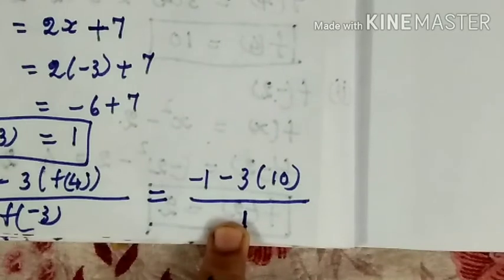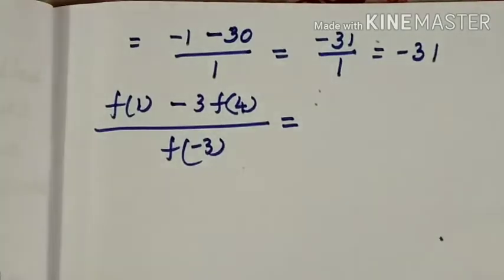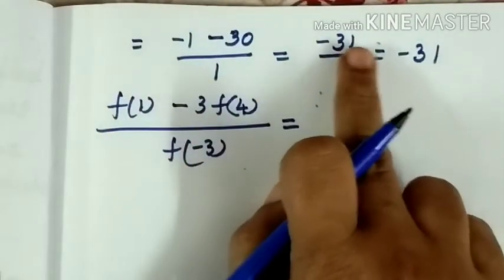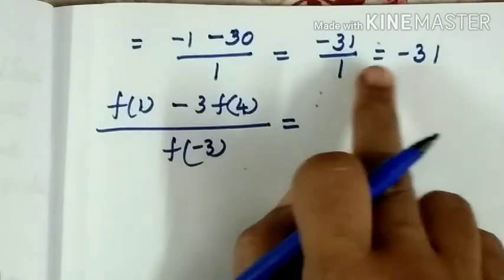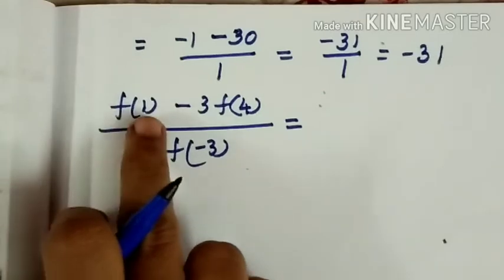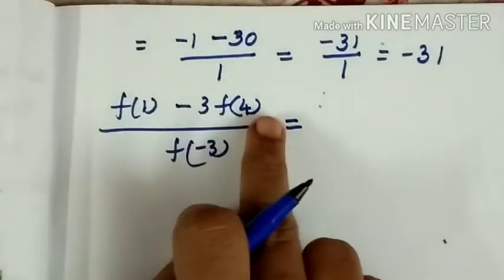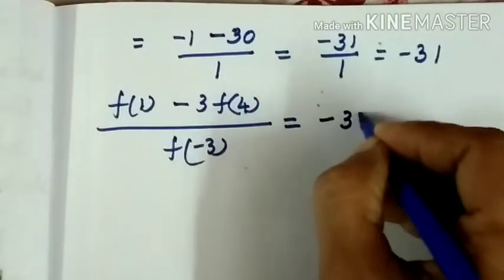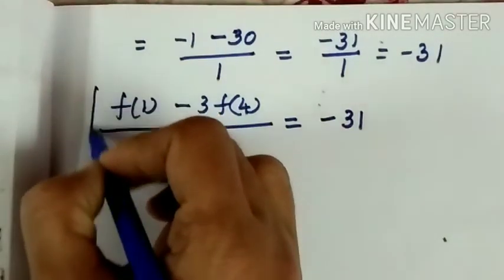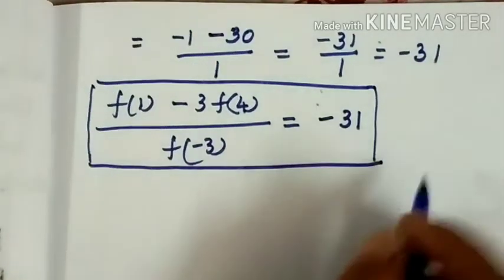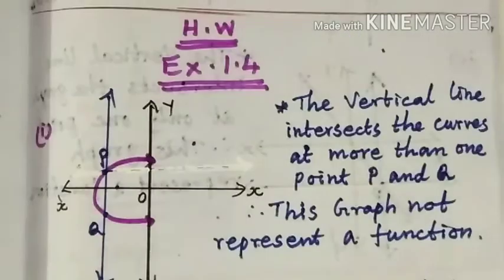Now you simplify this, we get minus 1 minus 30 divided by 1, that is minus 31 by 1, which is equal to minus 31. Hence, the answer is f of 1 minus 3 into f of 4 by f of minus 3 is minus 31. This is the answer for the last subdivision.